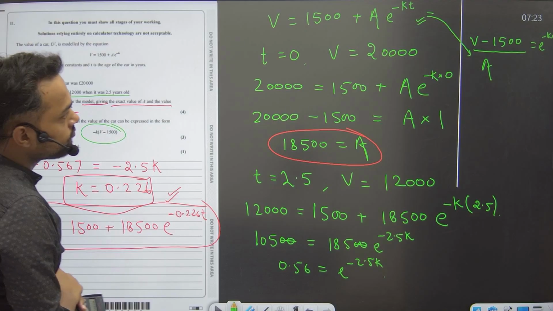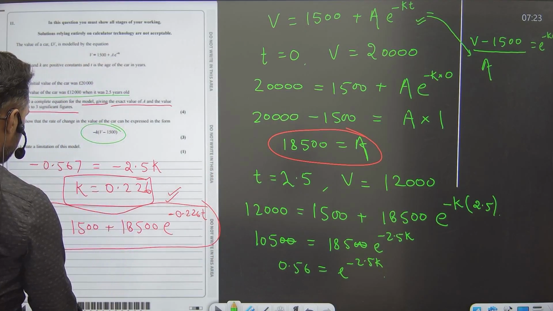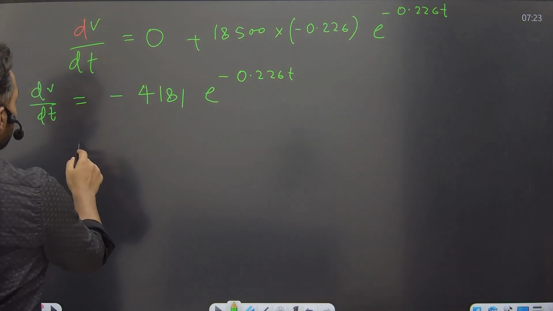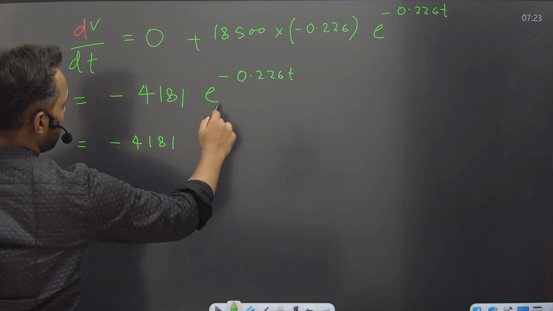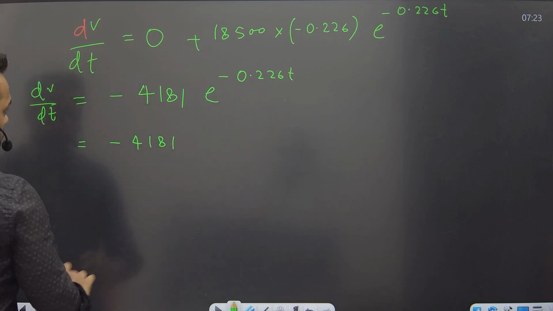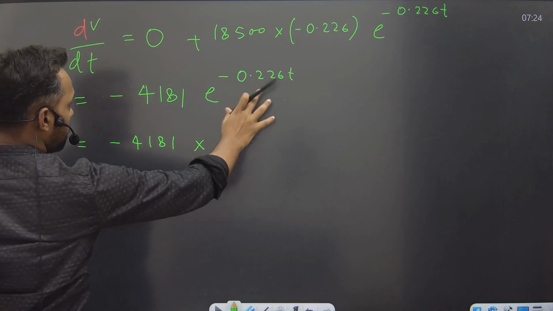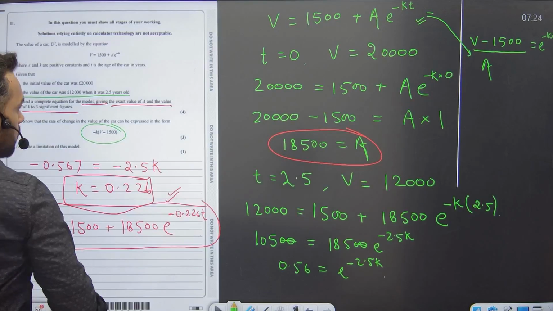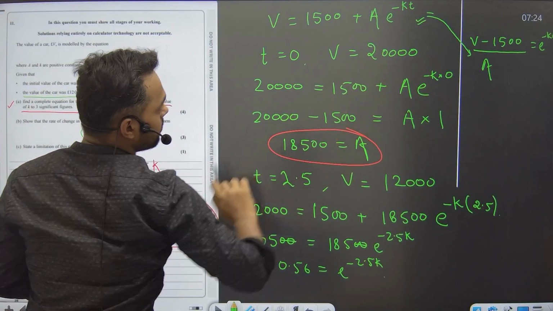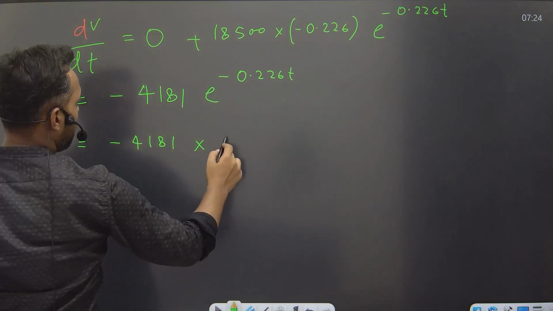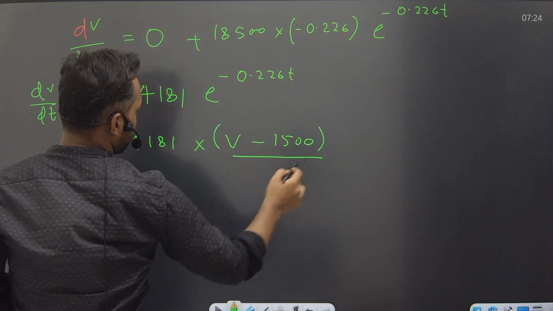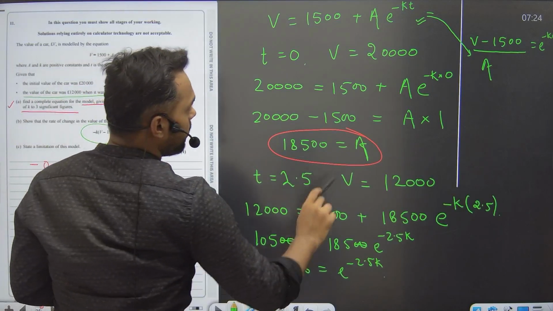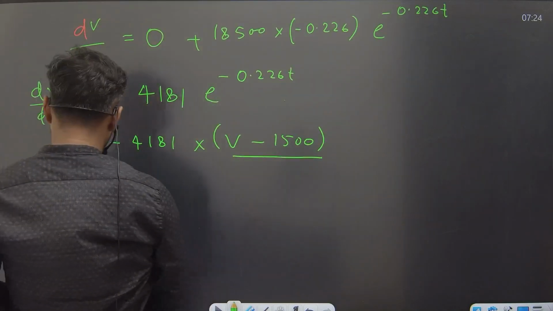Okay, now what we need to do here is plug in the value of e raised to the power negative of kt. If this value is inserted from here, you will get V negative of 1500 upon a. What was a?